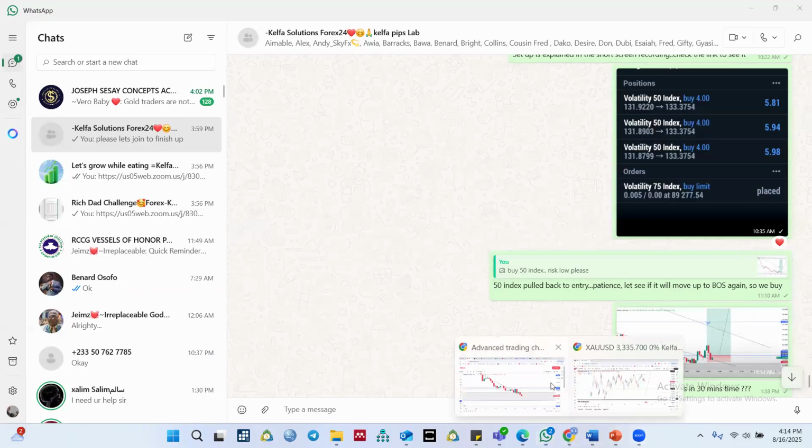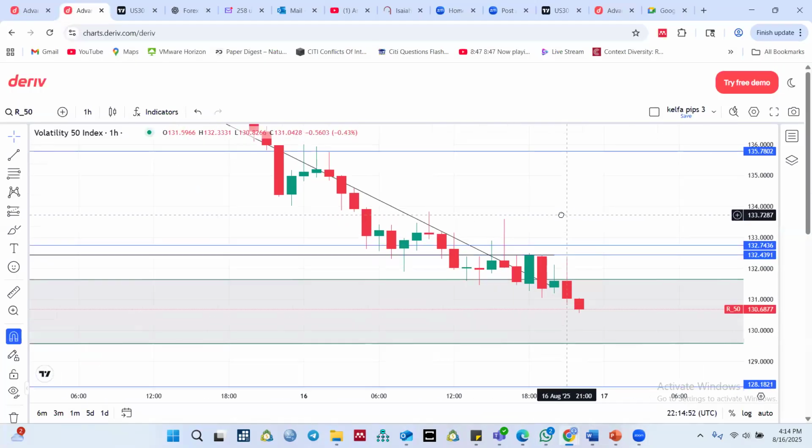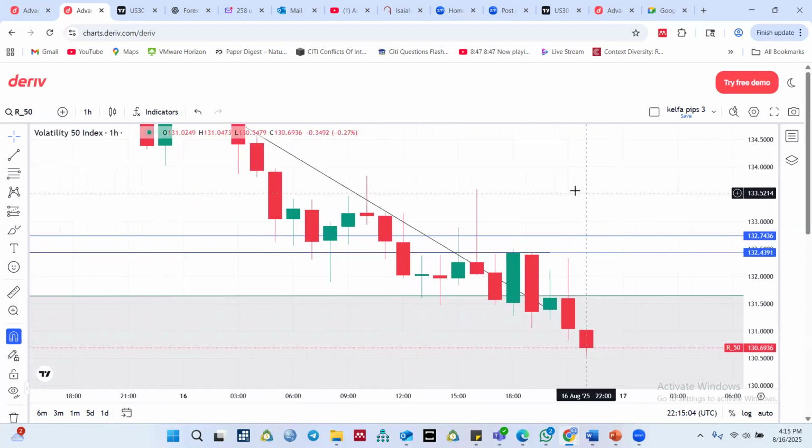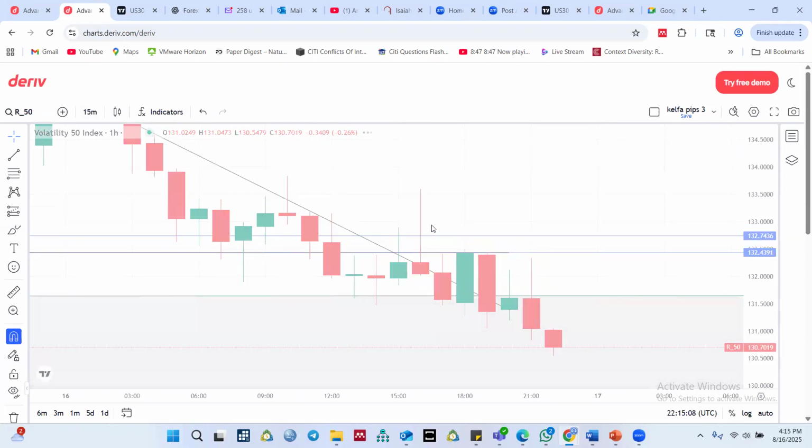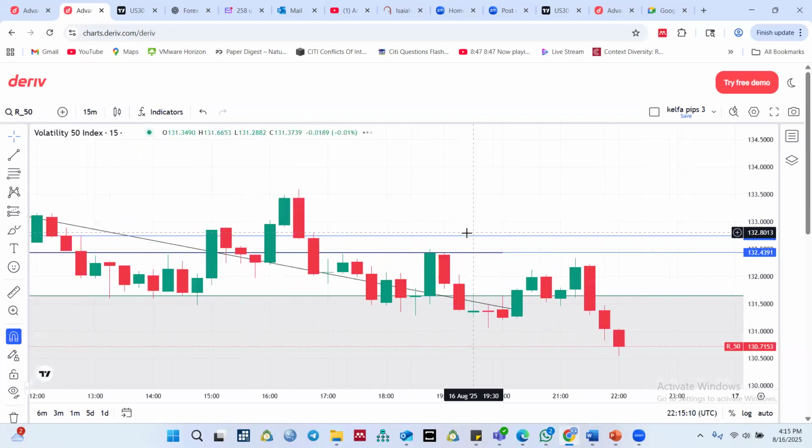We didn't see that happen because after that engulfing, this is 1 hour, there was a bearish engulfing that overshadowed the bullish engulfing. So if you check my chart, this is 15 minutes.